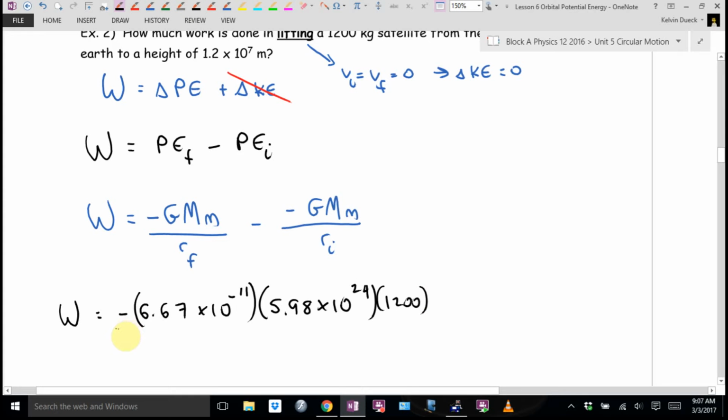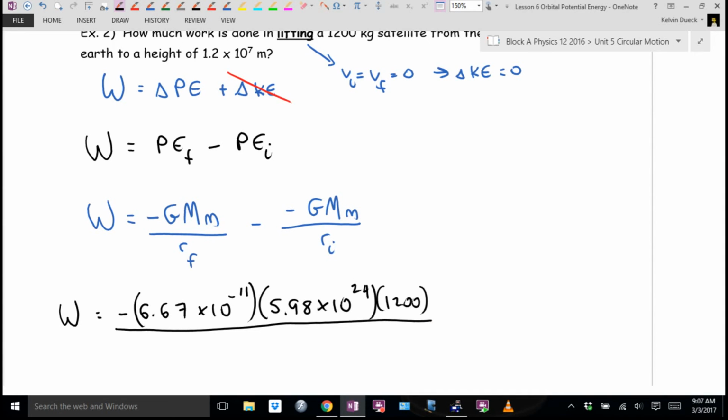Our final. What's the final radius, the final distance from the center of the Earth of this object? Don't count, just tell me. Put your calculators down. Oh, because I said this is a height? So, you know what?